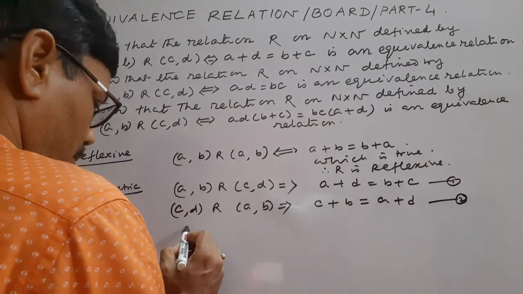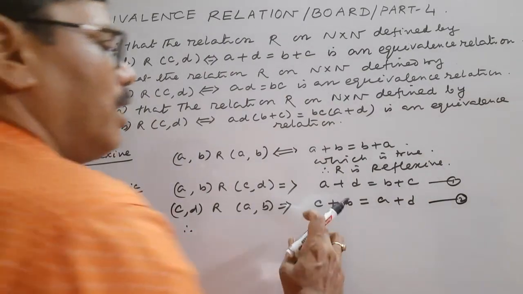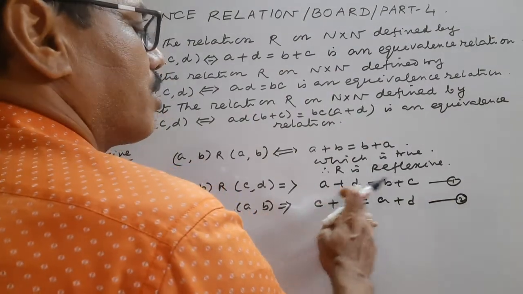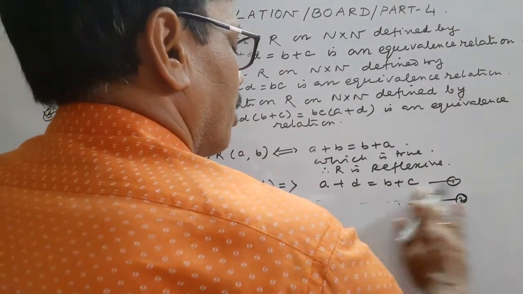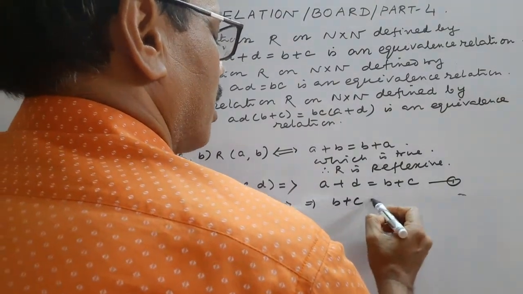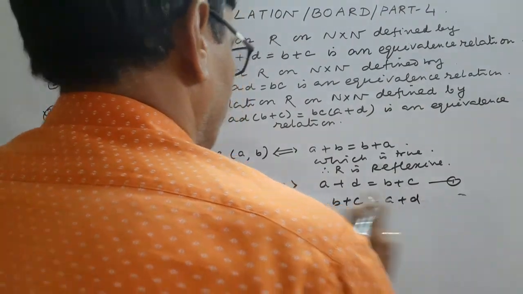You can write this one, A plus D equals B plus C, in this way: B plus C equals A plus D.